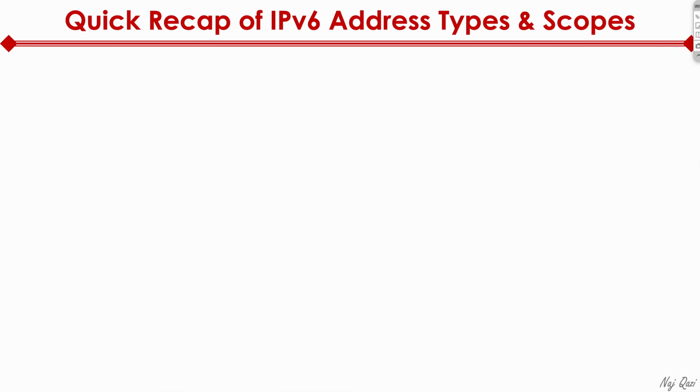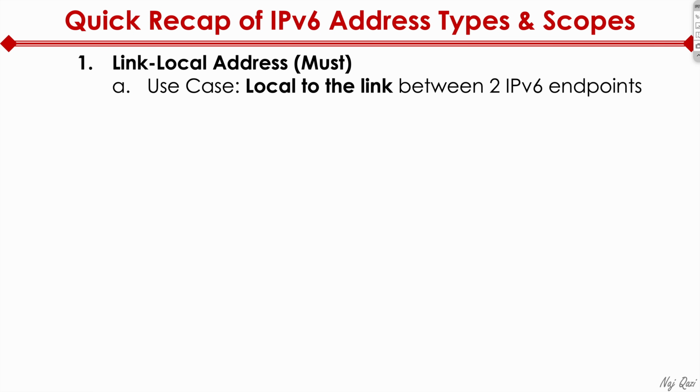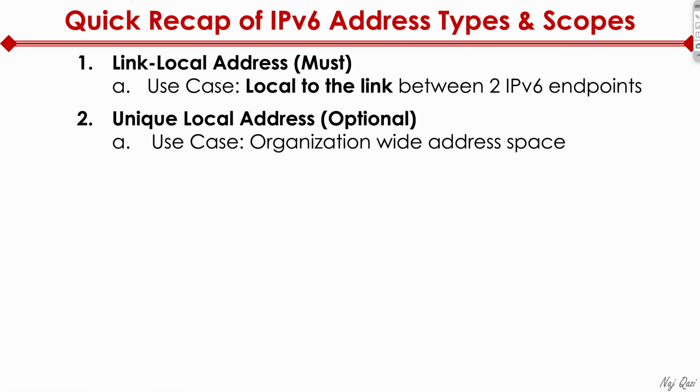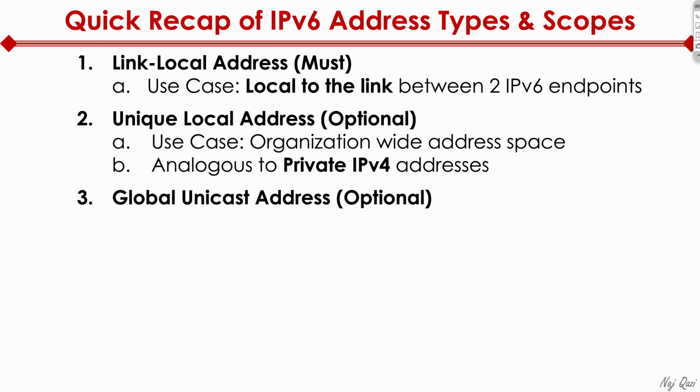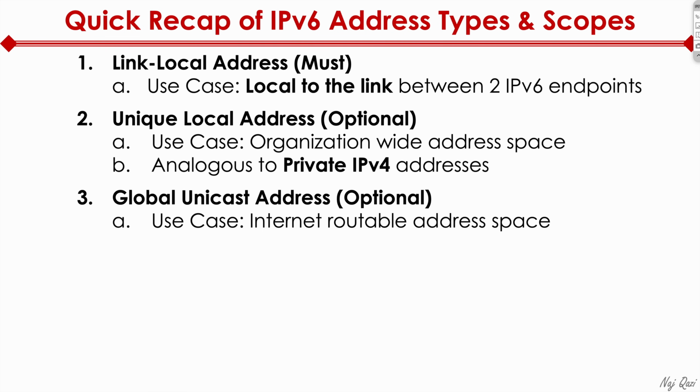Now here's a quick recap of IPv6 address types and scopes. First, we have a link local address. That's a must-have address, and the use case for this one is that it's local to the link between two IPv6 endpoints. We have unique local address next. That's optional. It's organization-wide address space, and it's analogous to IPv4 private addresses. We also talked about global unicast address. This is also optional.